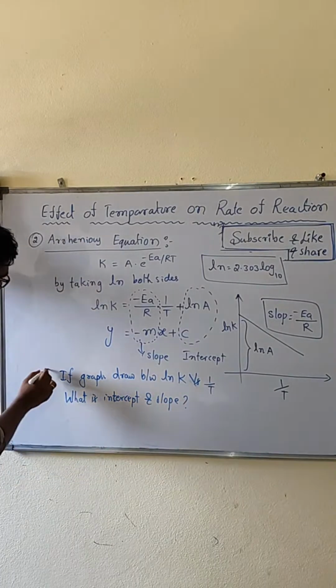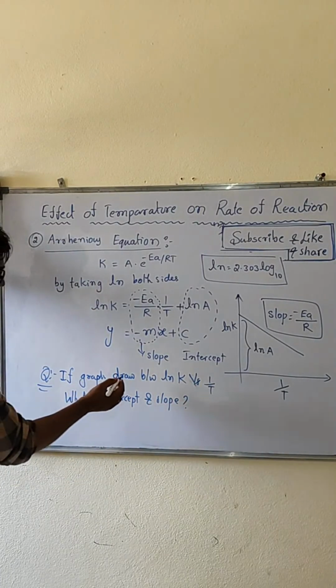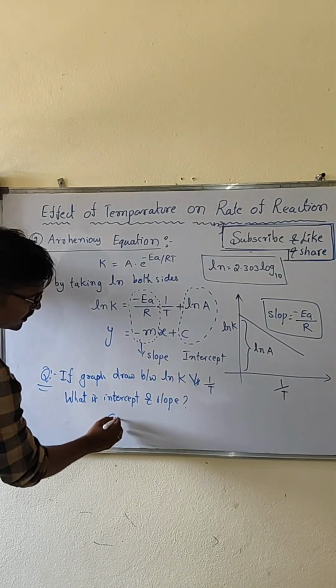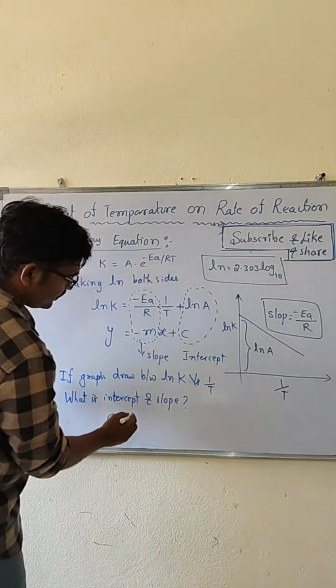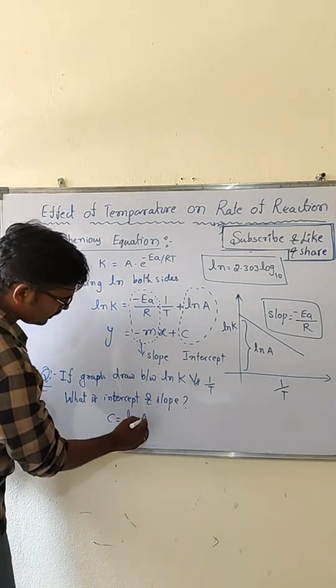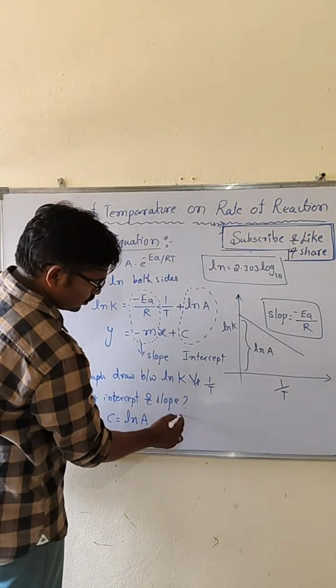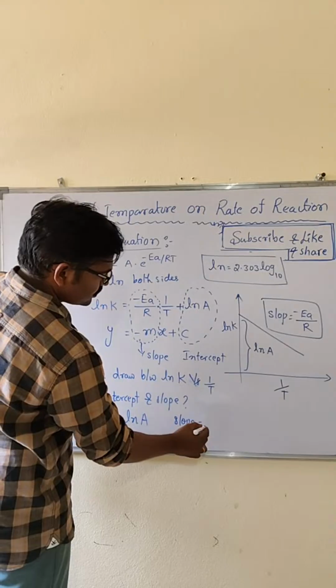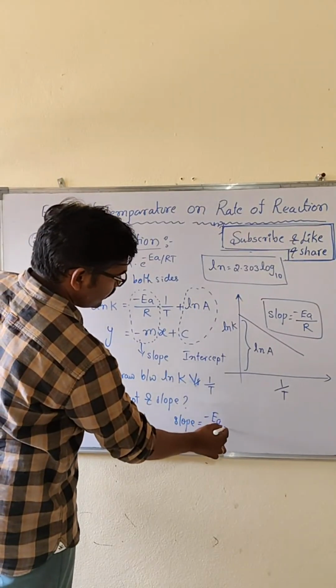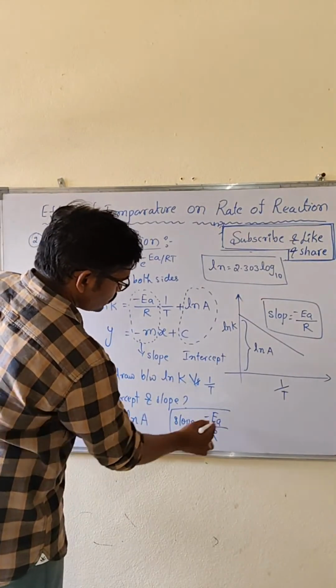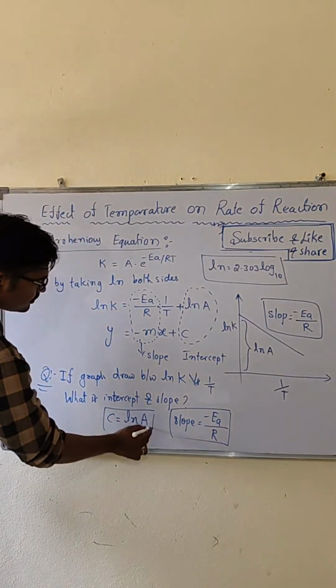My dear students, what is the intercept? Intercept is c, so the value is ln A. Then the slope equals minus Ea divided by R. This is the slope, and this is the intercept.